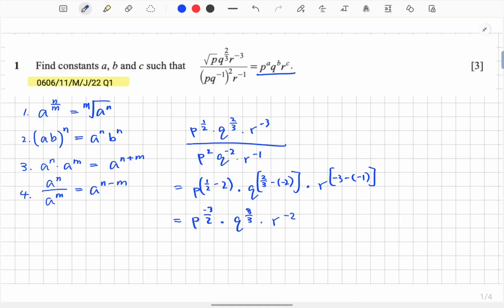So here we get our A, B, C values. It says find the constants, so we'll put down their individual values. A equals -3 over 2, B is 8 over 3, and C is -2. So this is our final answer.